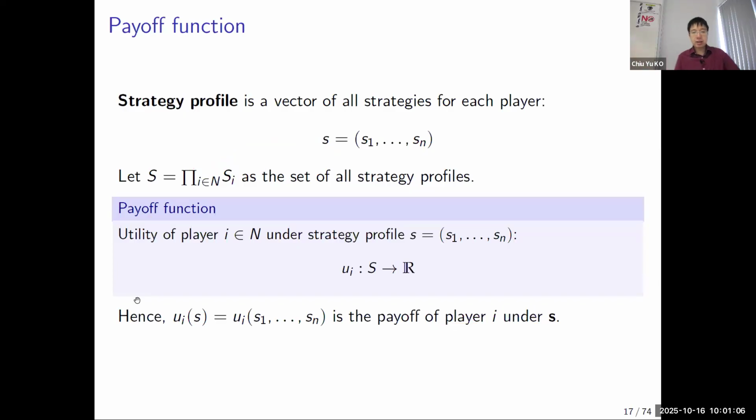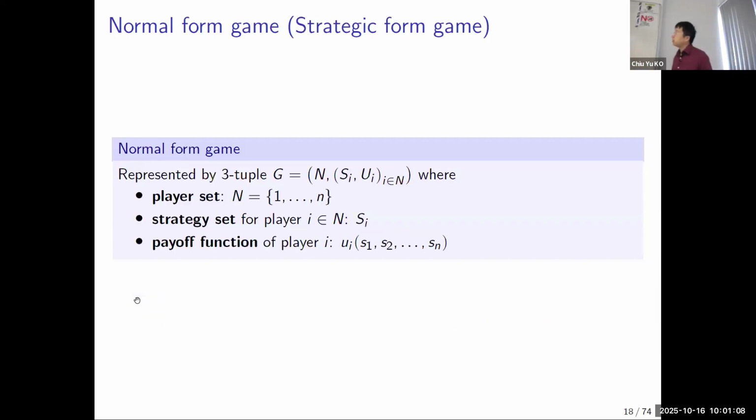Now we are equipping ourselves, and that's why, look at all the textbooks, a normal form game will be written with three elements. You have to specify first who the players are, what they can do, S_i, and what the result might be if players choose a particular strategy profile.